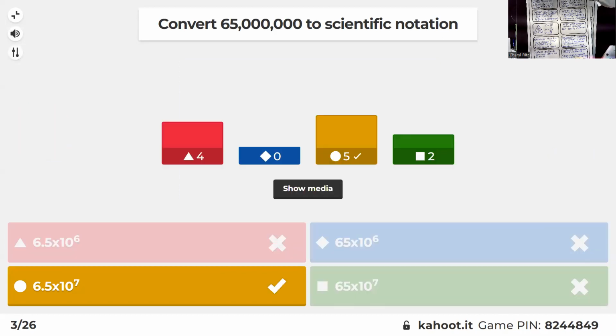Okay, so remember with scientific notation, we don't just count zeros and say it was times 10 to the 6. You have to count how many places you move the decimal point. So if we start here, you always have the decimal go in between the first two digits. So not one of these 2 that has 65 something was the answer. We wanted 6.5.